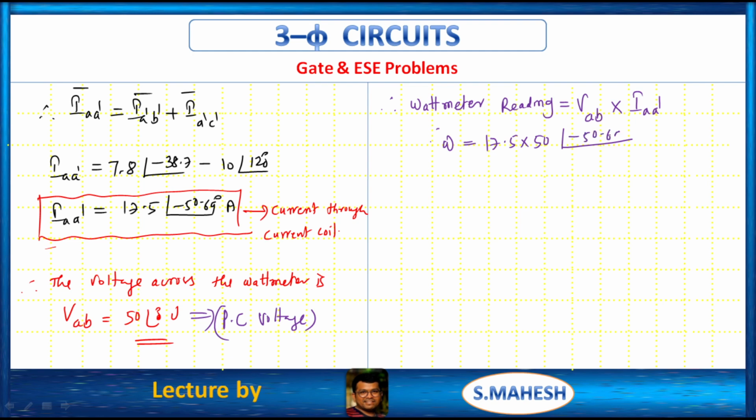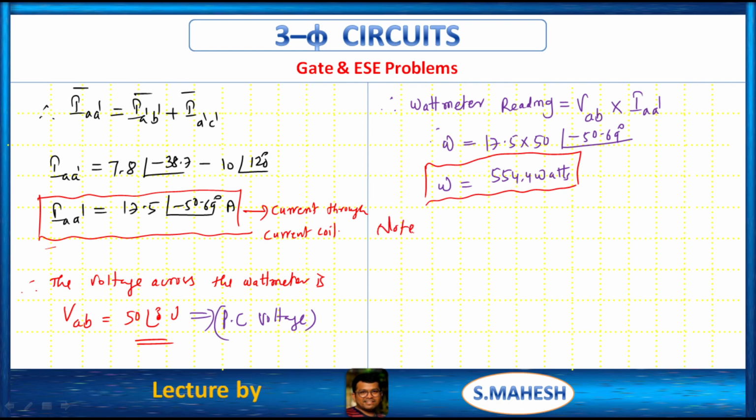Minus 50.69 degrees, right? This is what? 554.4 watts, right? This is the wattmeter reading.